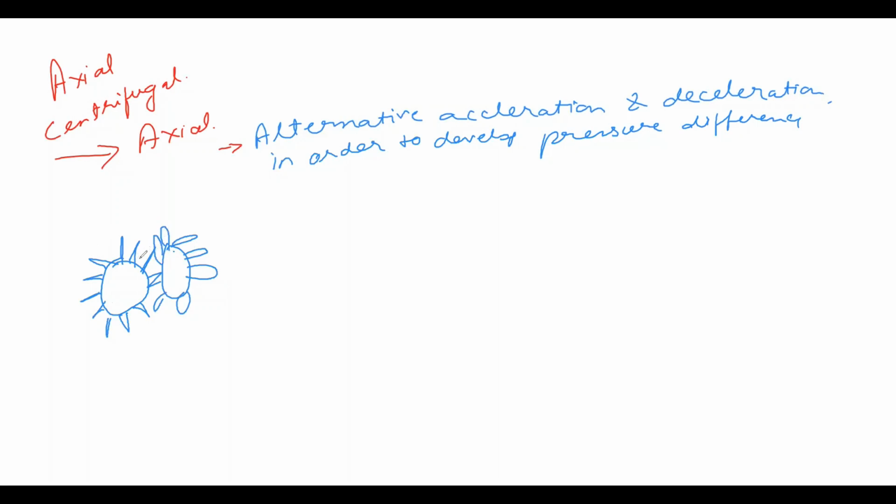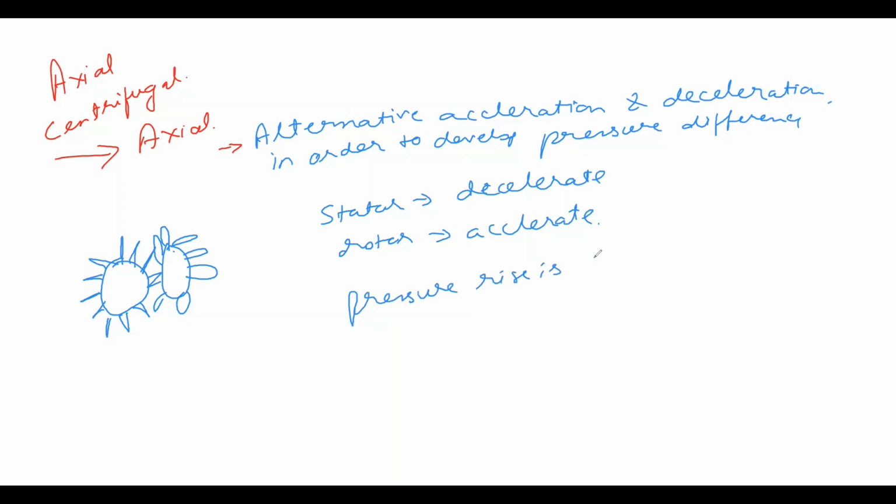Now, when a stator is there, the gases decelerate. And when the rotor is there, the gases accelerate. Fine. So pressure rise is achieved in many stages.